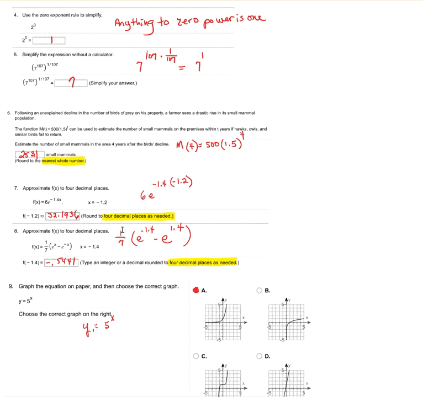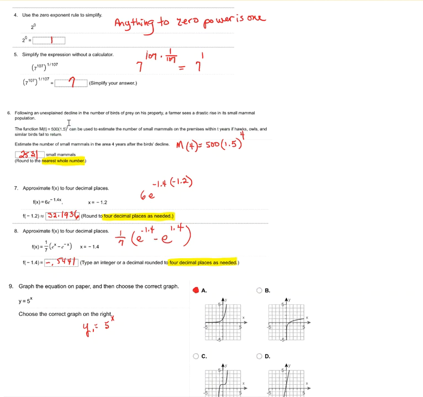Number 6. Following an unexplained decline in the number of birds of prey on his property. What are birds of prey? Be like hawks and eagles and owls that eat little animals. So a farmer sees a dramatic rise in its small mammal population. So if the bird of prey, if there aren't as many of those, then probably the mice and the little rabbits, those things would start growing.